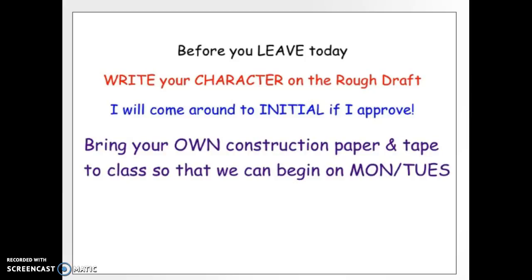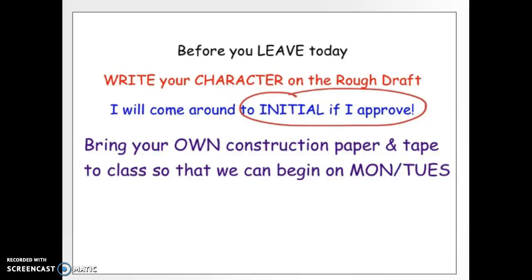Before you leave today, I would like for you to hopefully figure out what character you would like to create. Sadly, I won't be able to come around to initial it.